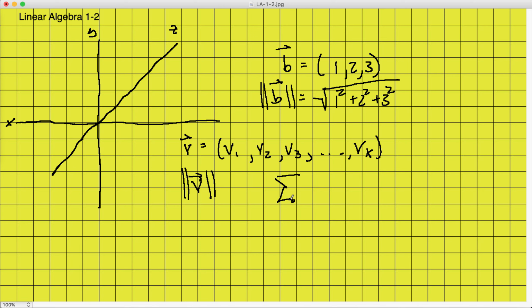I'm going to sum up all of the vi's. I'm going to square them. The summation is going to go from 1 up to k, and then I'm going to take the square root of it, like that. Okay? I hope that that was pretty simple.